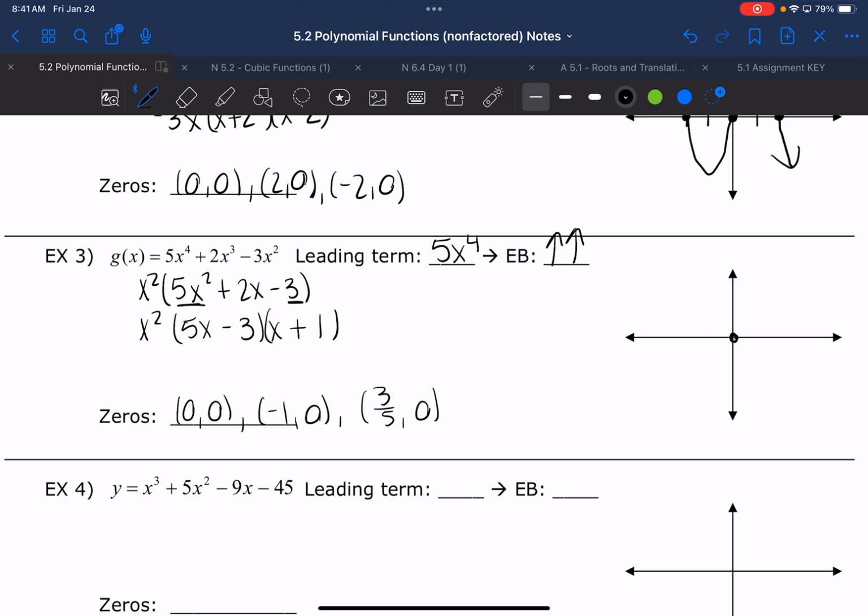So at 0, at -1, and then 3/5 would be a little over halfway, right? Okay. And you guys said both ends were up. Oh yeah, this one has an exponent of 2, right? So we're going to have a bounce right there, right?